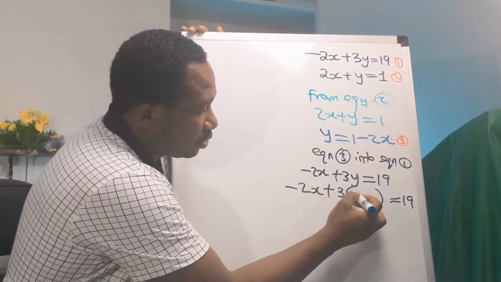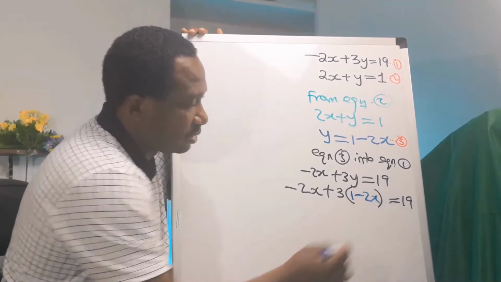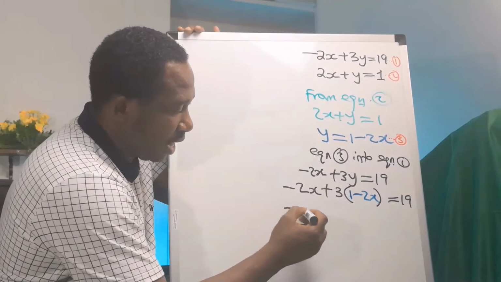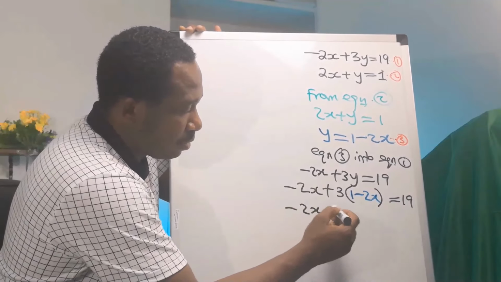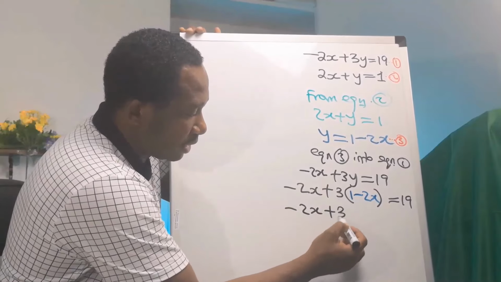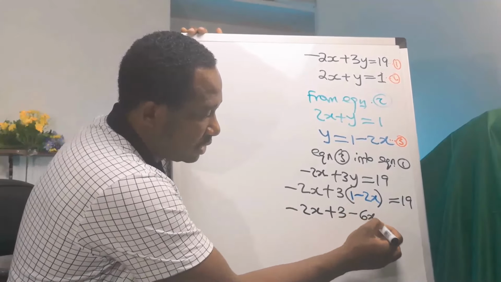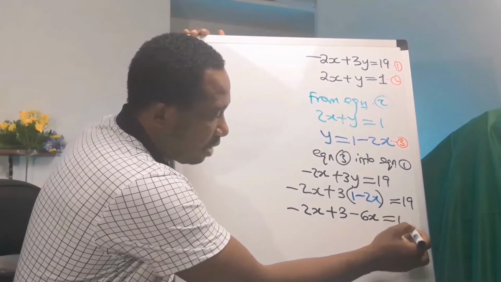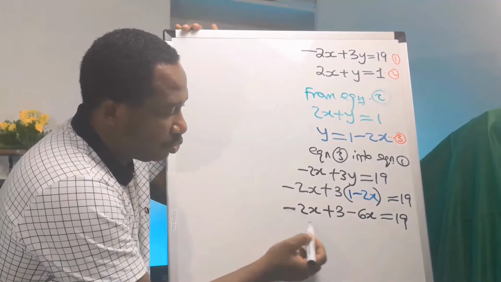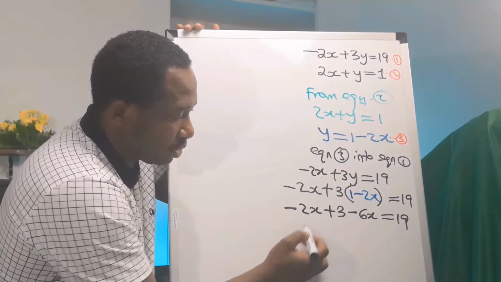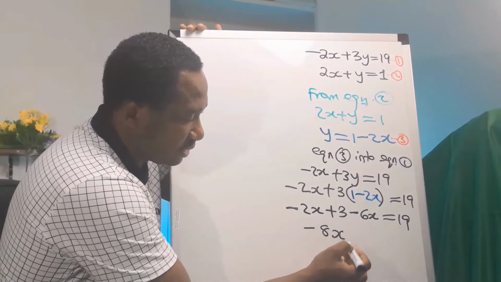Y is 1 minus 2x. And we're going to have minus 2x plus 3 times 1 is 3. 3 multiplied by minus 2x will give you minus 6x. And here we have 19. Minus 2x minus 6x will give you minus 8x.